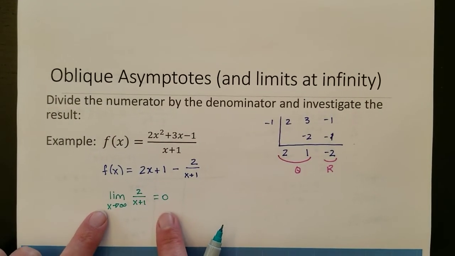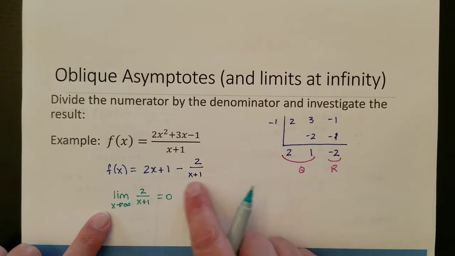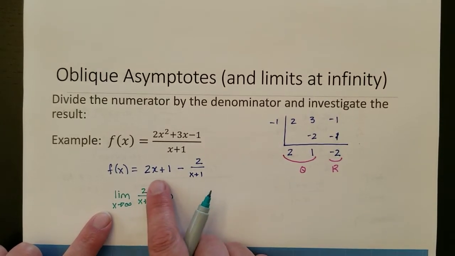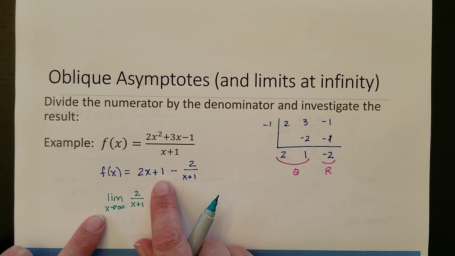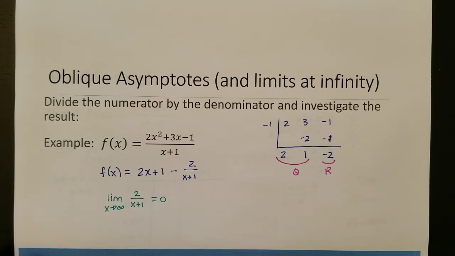So as you get really, really big values of x, this part just doesn't matter. And the function is going to be very close to this 2x plus 1 line. So we could graph that line and see how that function was tending towards that line.